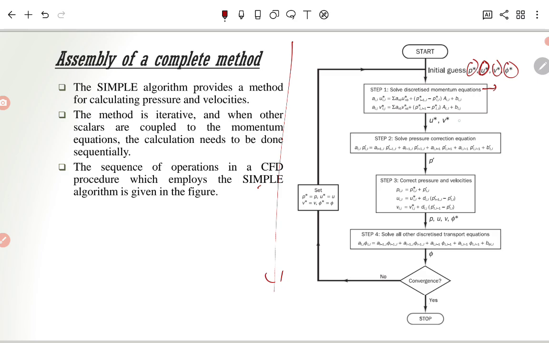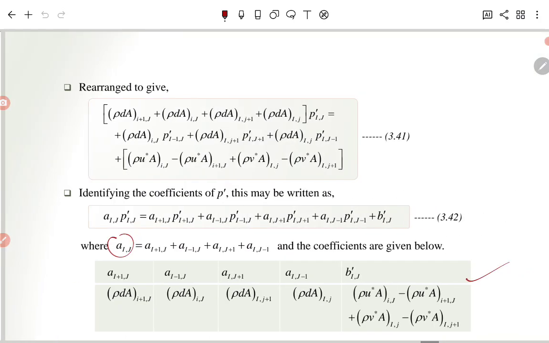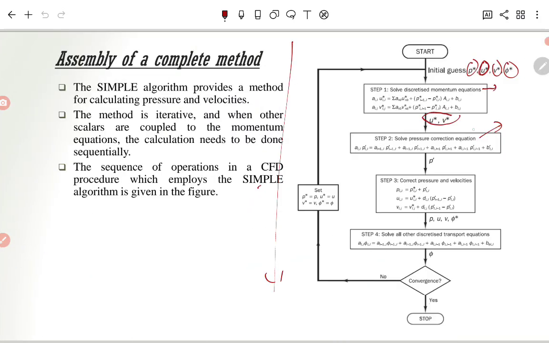From here we get the values, and then in step 2, we solve the pressure correction equation that we already showed in the previous slide, and from there we obtain the pressure correction P prime.